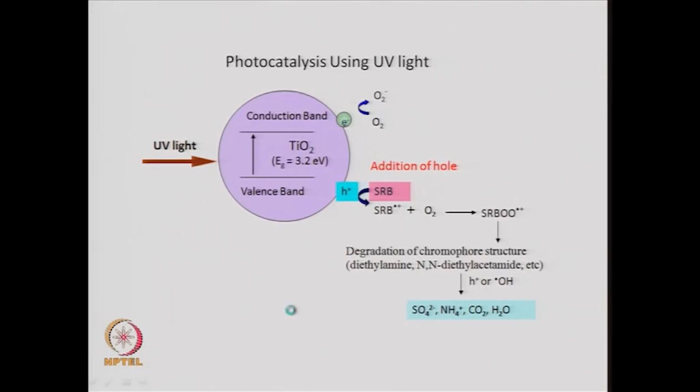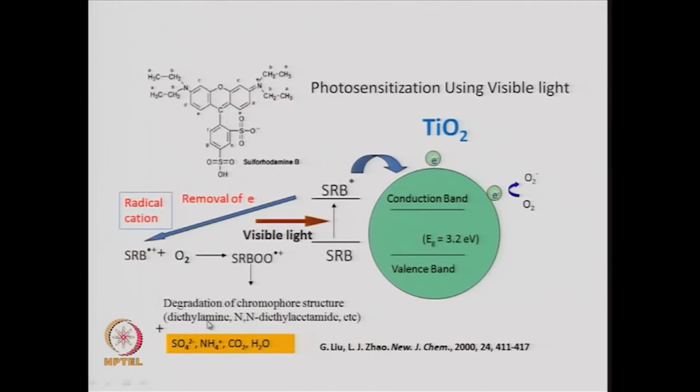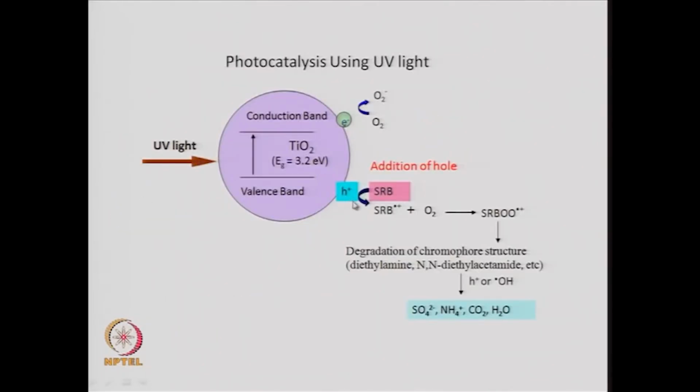So, in the previous case, the radical cation of sulforhodamine B is formed by the removal of an electron from the excited state of sulforhodamine B, and you get the radical cation. The same radical cation in this case you obtain not by removal of an electron, but by addition of a hole.